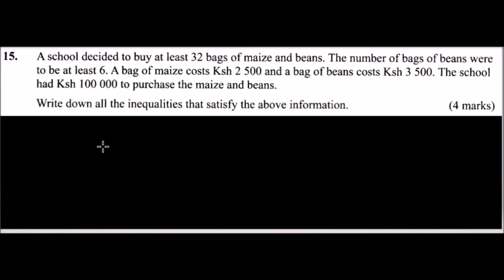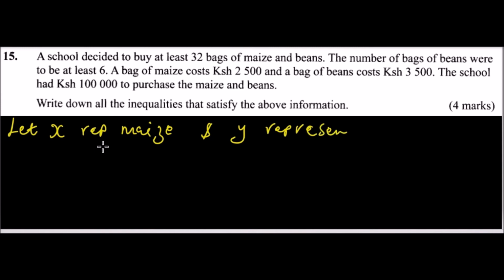So the first thing we can say is let x represent maize, and y represent beans.